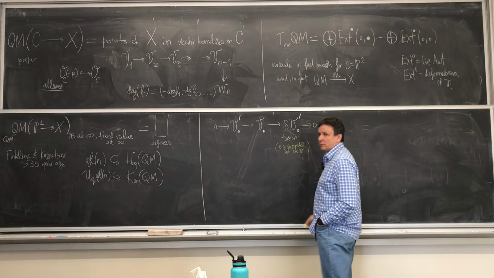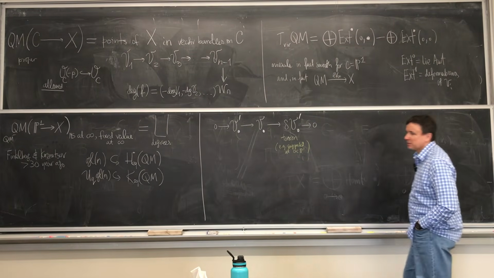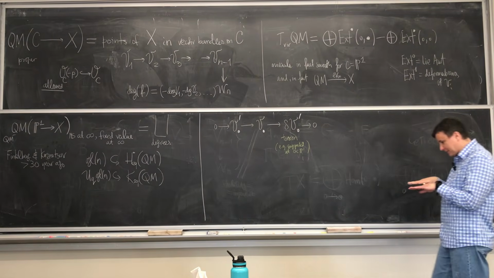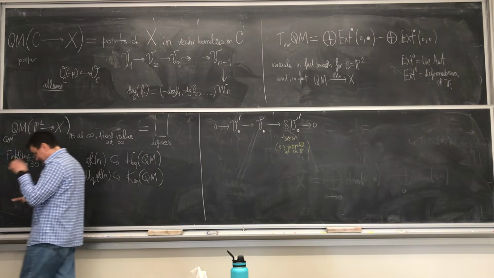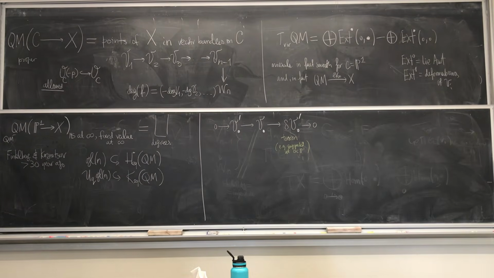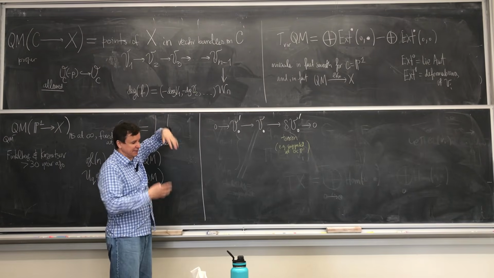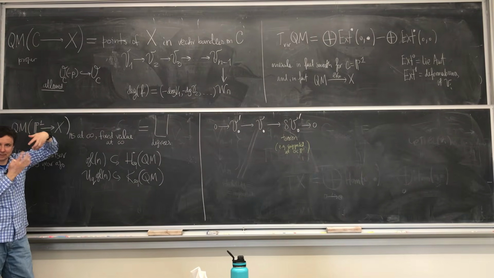But whether you make this assumption or not doesn't really matter. So you're looking at the locus of Quasimaps that differ. It's now called some kind of Hall algebra, whatever. So you have one collection of maps, and another collection of maps, and they differ at finitely many points.